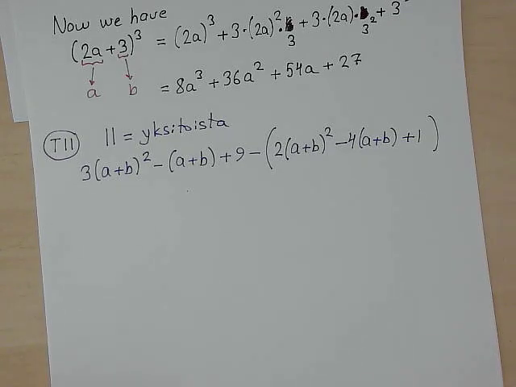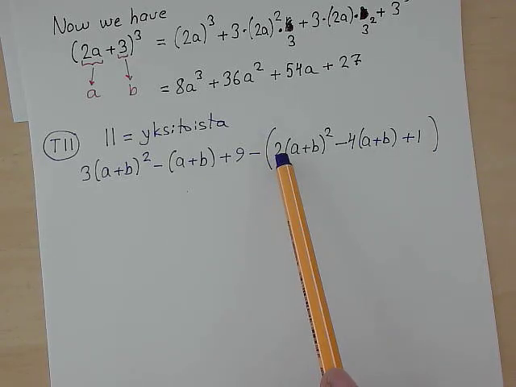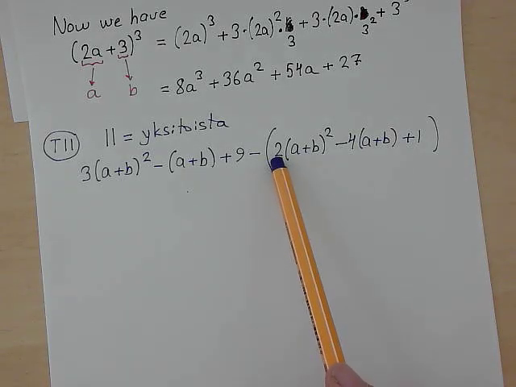First it is probably easier to just simplify this in the form as it is written now. So I would take these brackets away first. There is a minus sign in front of those brackets, so it will change the signs of those numbers.